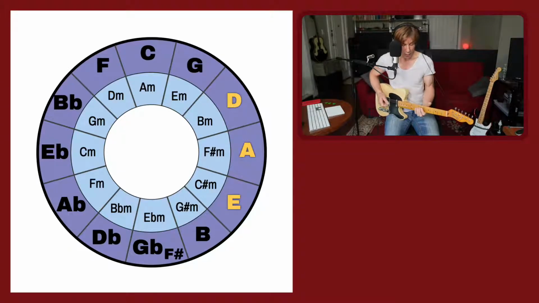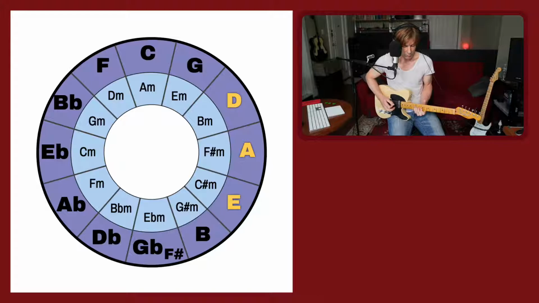So if I'm playing in C major right here, and it goes to A, I know I could just go a half step up to the key of A. I'll just try this one more time. Check it out.